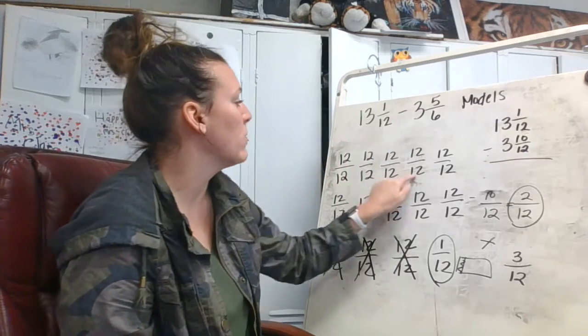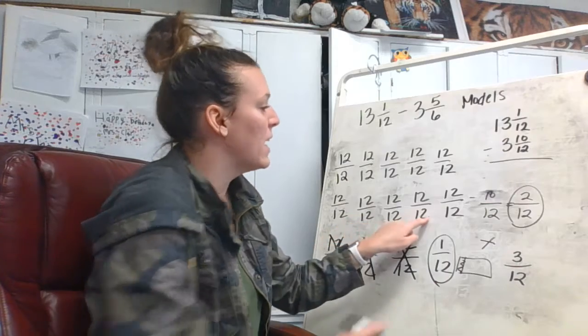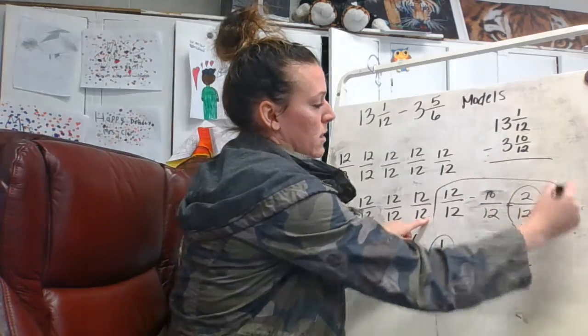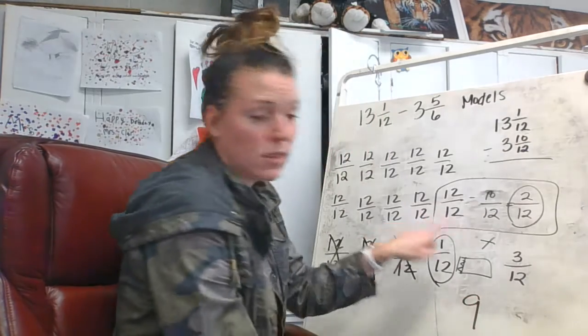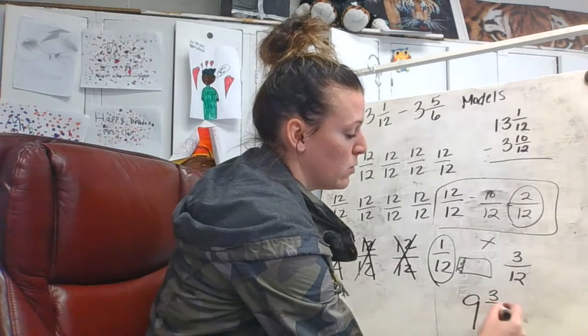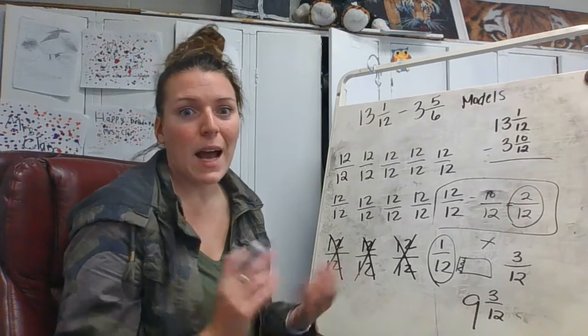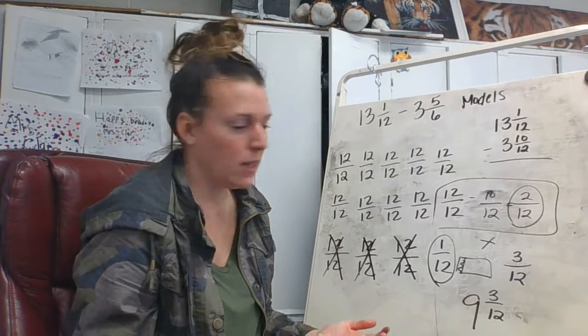So I've got 1, 2, 3, 4, 5, 6, 7, 8, 9, and I've used this. This pan has been used. So I've got 9 wholes left, and I've got 3 out of 12. But I can simplify those, right?